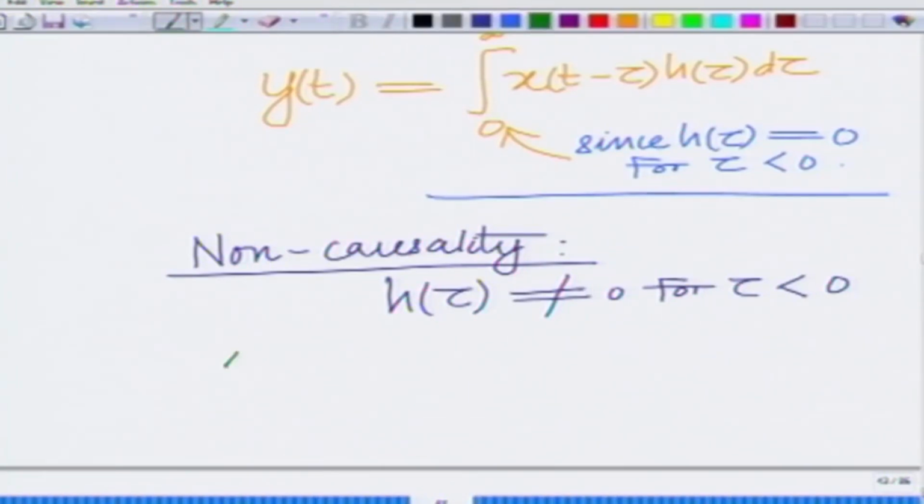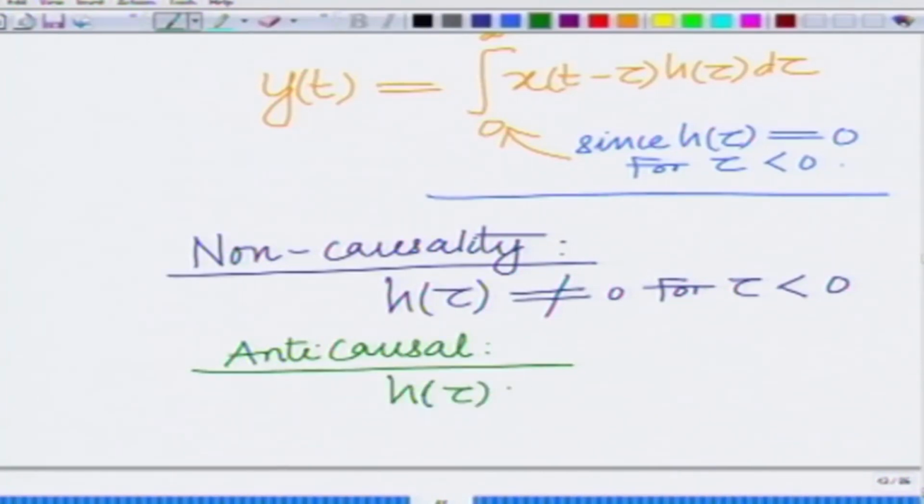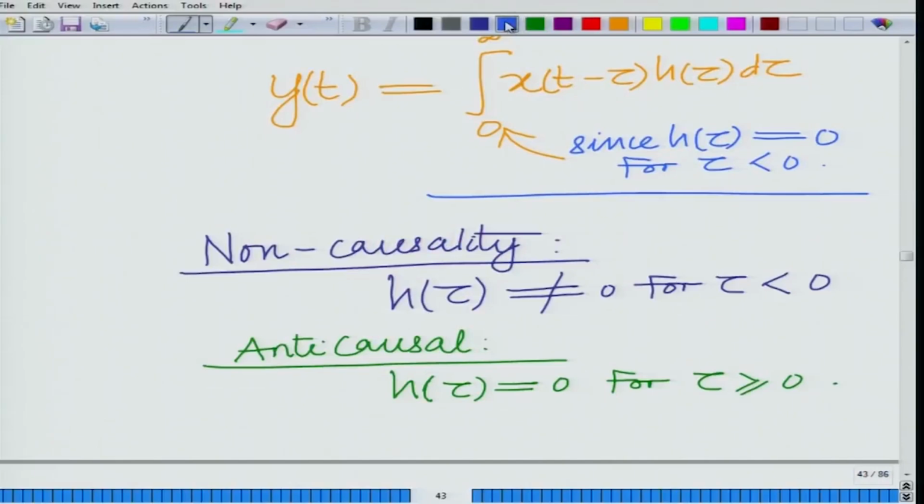The system is anti-causal if h of tau equals 0 for tau greater than 0, and in this case of an anti-causal system, something interesting happens.